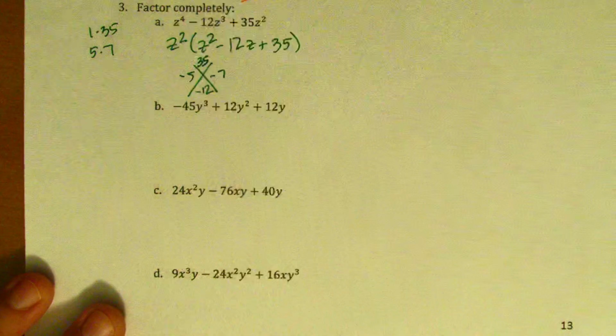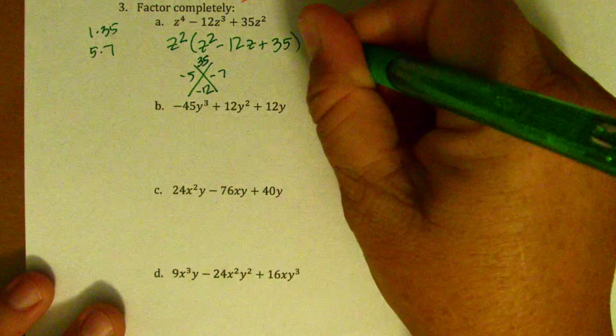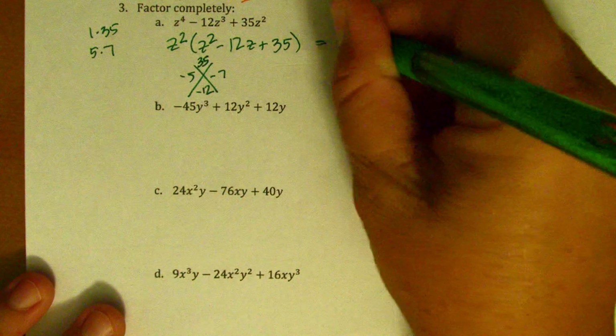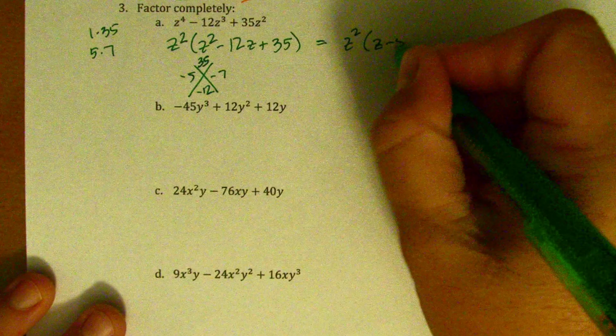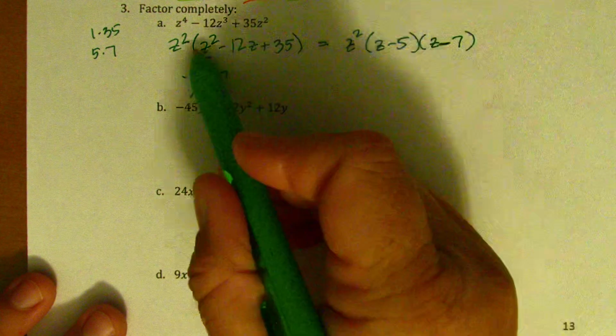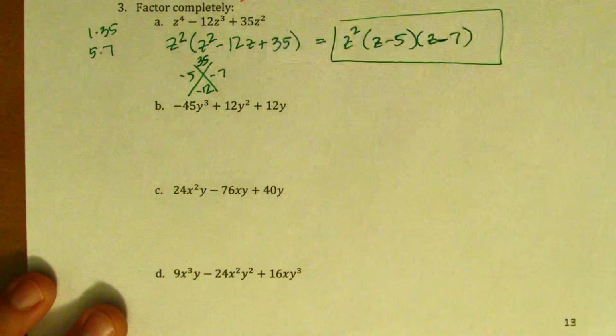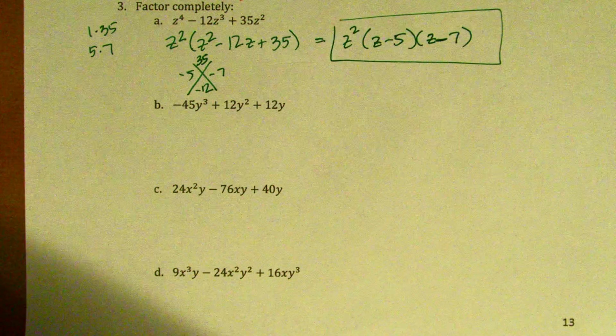Well, negative 5 and negative 7 multiply to positive 35 and add to negative 12. So this is going to be z squared, just carried over, and then z minus 5 and z minus 7. Again, if your a value is 1, there's no taking out the trash step, so that is our answer.